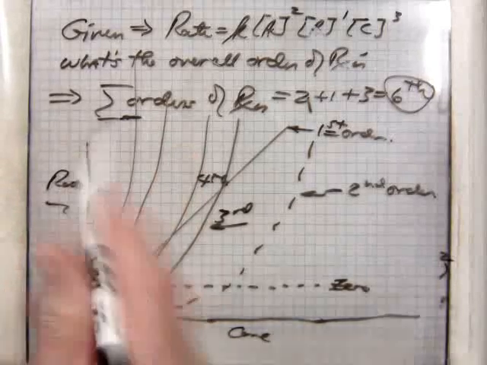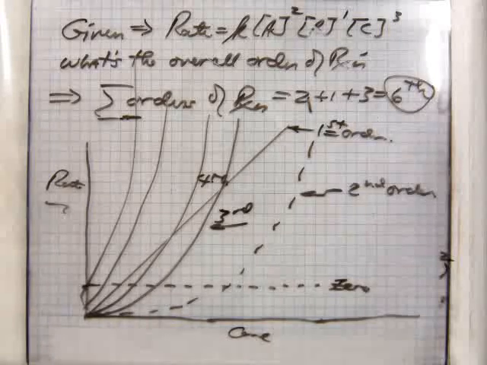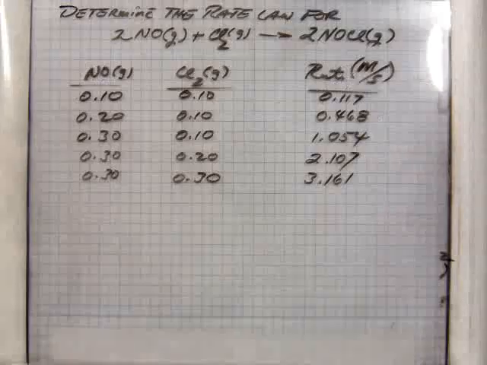That's just an illustration to show you. But you will work with the zero, first, and second orders, which are pretty straightforward. And then only if you are given a problem that says, what's the overall order? Add the exponents, and that'll tell you what the overall order is.